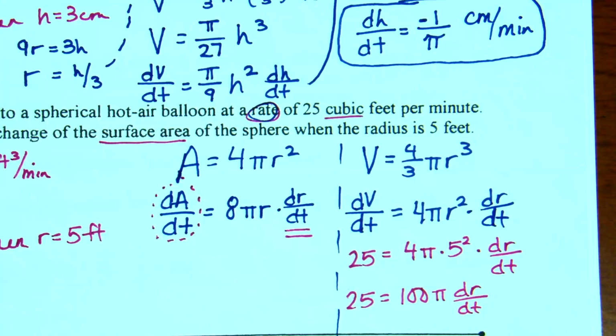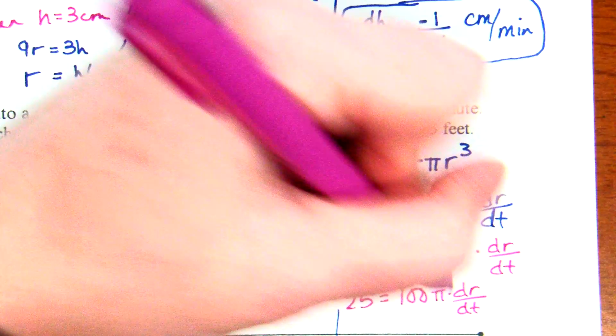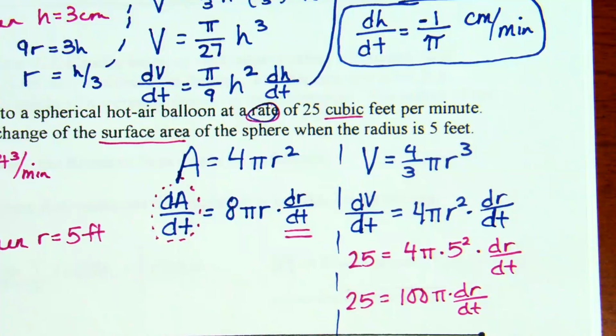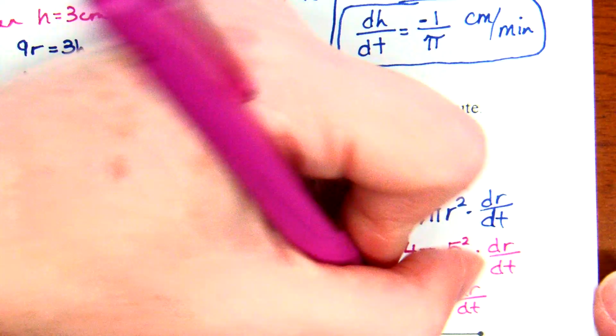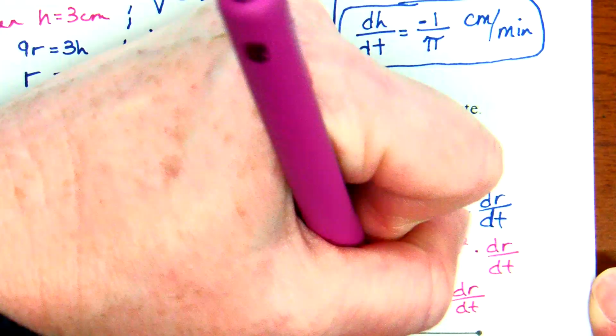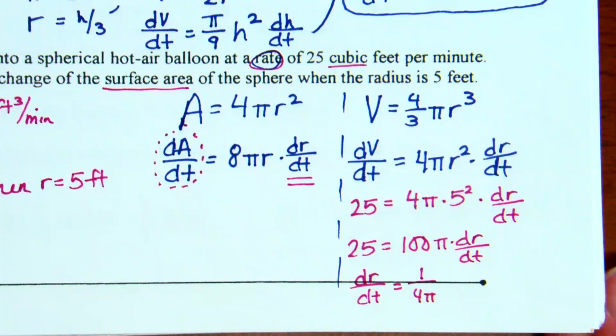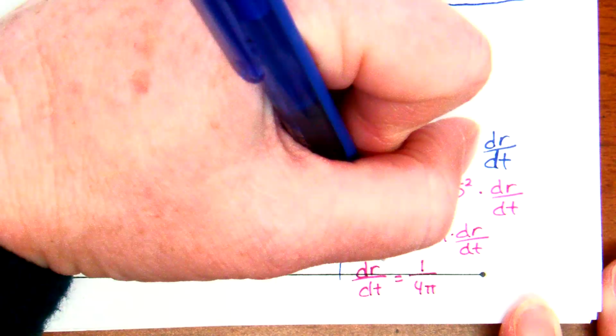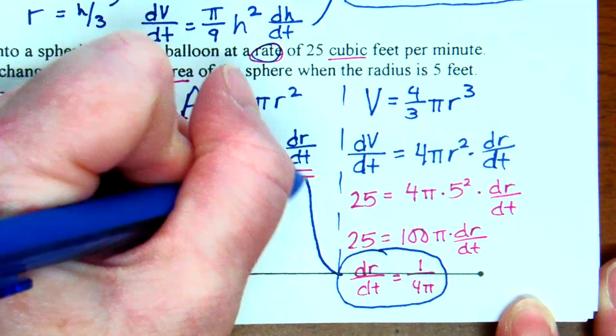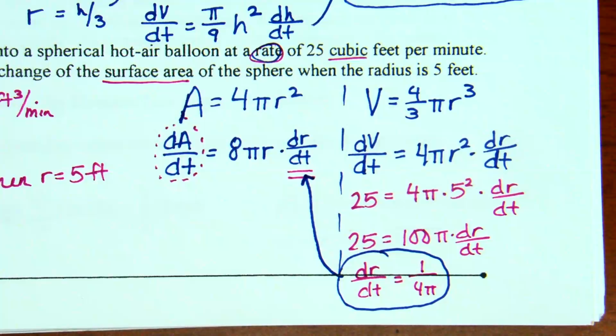If 25 equals 100 pi dr/dt, what do we get when we solve for dr/dt? 25 divided by 100 pi, which is 1 over 4 pi, if you will. And what's that allow me to do? That tells me dr/dt can be used as 1 over 4 pi, and I can plug it in.